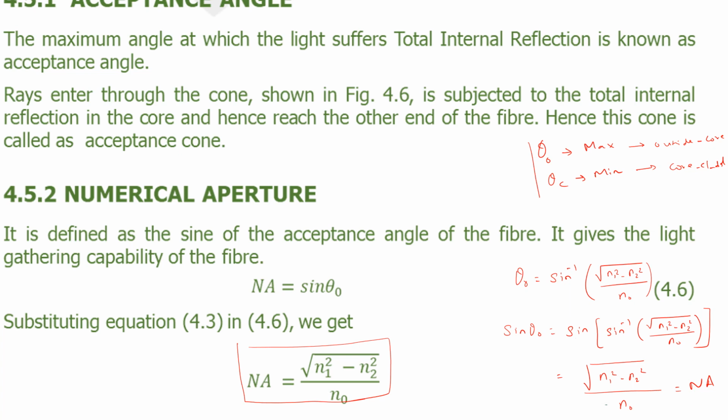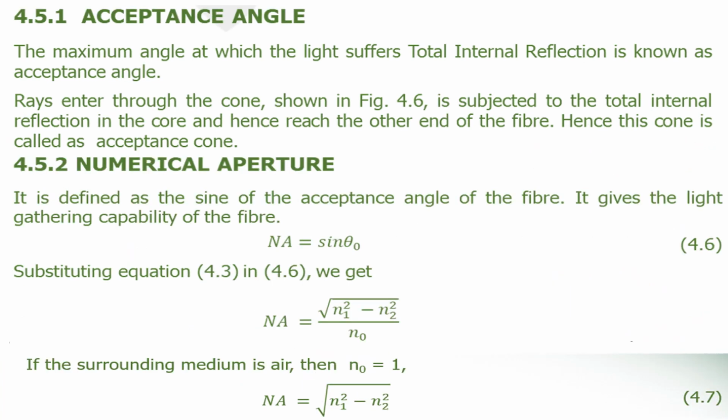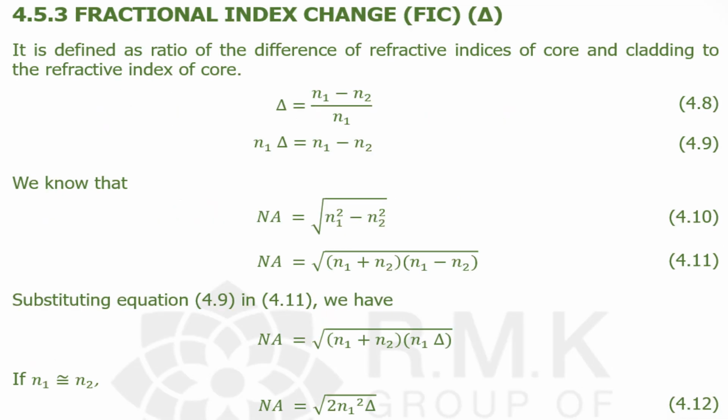Okay. Now we'll go to the next parameter. So next we will calculate the fractional index change. So this is something like efficiency. It is defined as the ratio of the difference of refractive indices of core and cladding to the refractive index of the core.